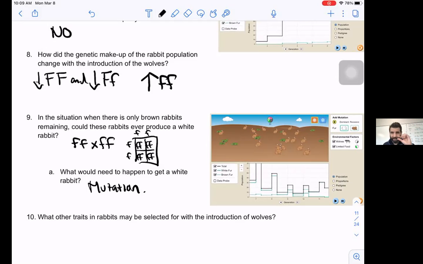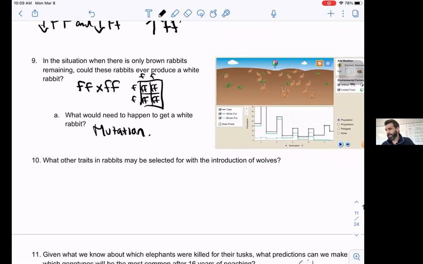So the small population of newly created white rabbits just hangs out in the population, maybe for thousands, maybe for millions of years. And then maybe the environment changes again. The ground becomes much lighter, maybe some salt has baked into it, and now the white rabbit has some advantage. So these things can change over time.